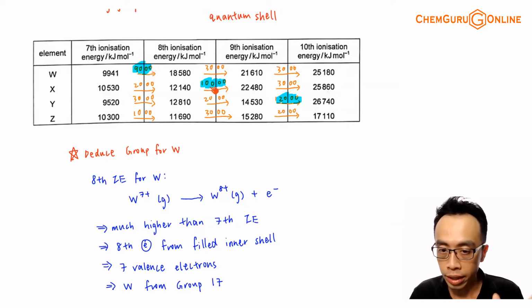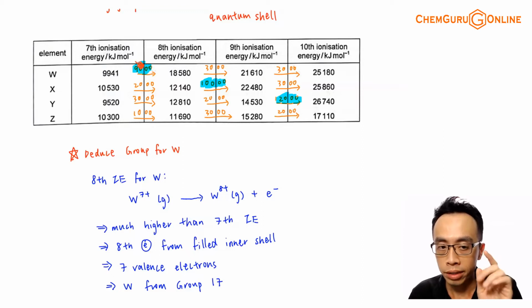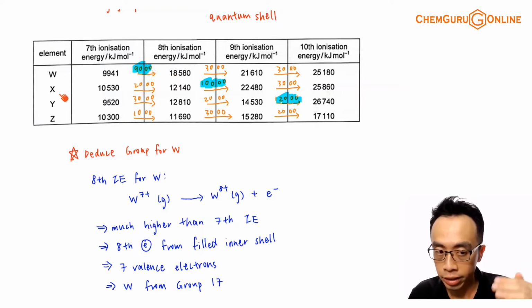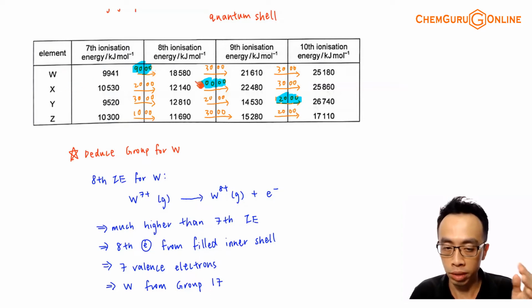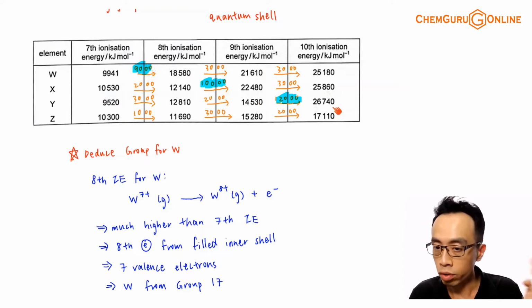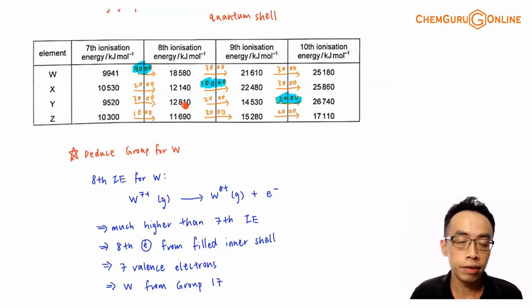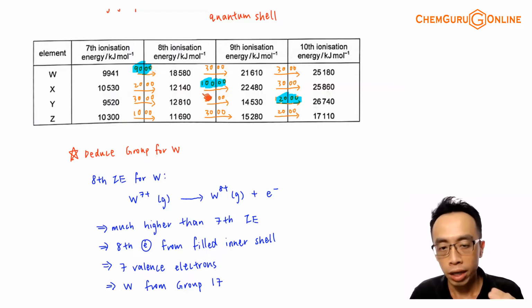If there's a big jump in IE from the 7th to the 8th IE for W, then we would expect for the next element X the big jump to be from the 8th to the 9th IE, and for Y, the big jump in ionization energy will be from the 9th to the 10th IE. Because they're consecutive elements, we would expect the big jump to be in the next ionization energy for the next element.